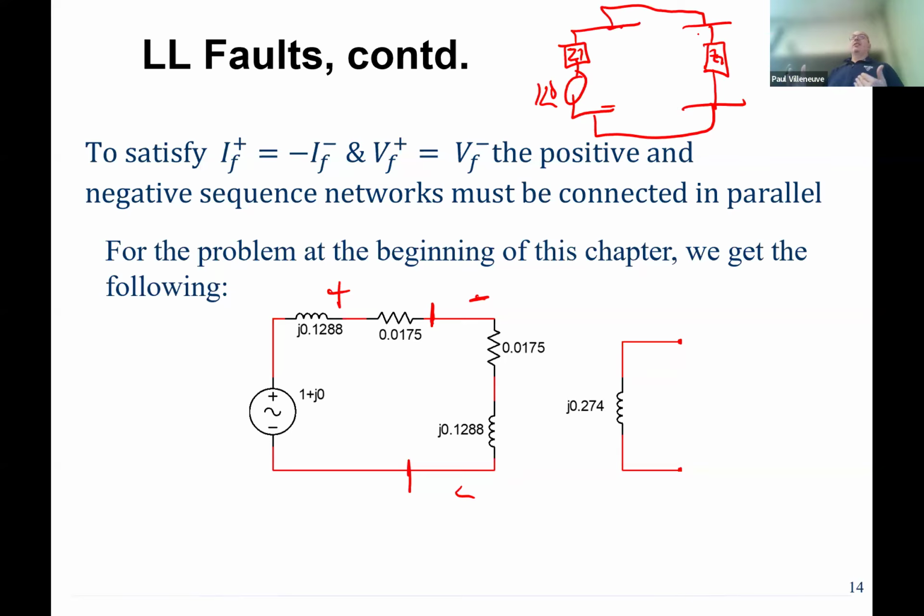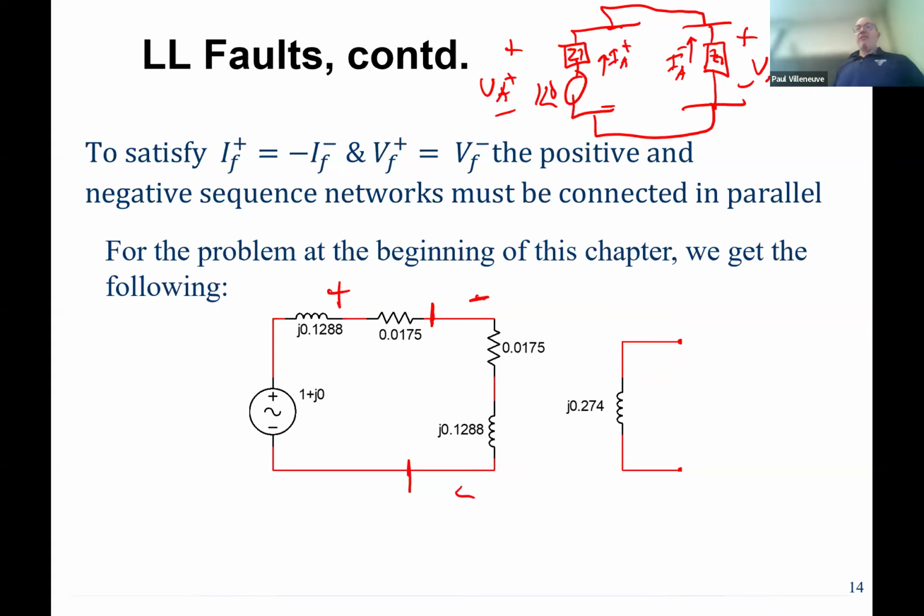They share two common nodes, but now hopefully you can see with that wire, if this is IA positive, this is IA negative. Don't they have to be the opposite of each other as KCL? And this voltage here, VF positive, is exactly the same as VF negative. So I just put the two in parallel and I get the result.